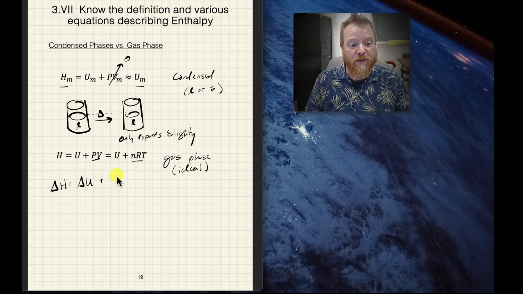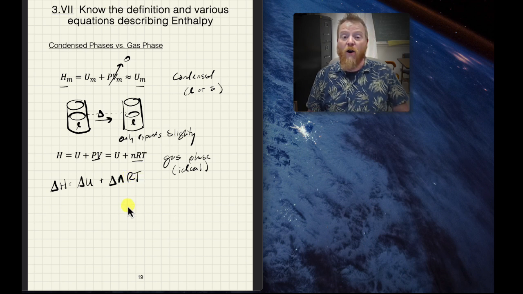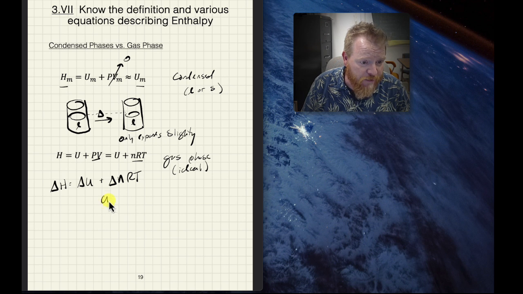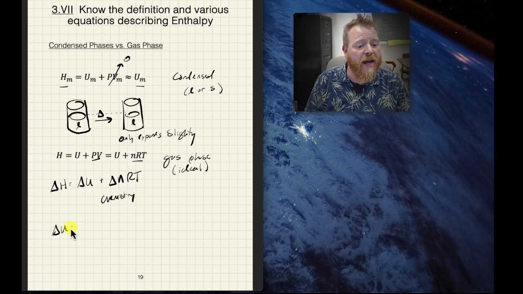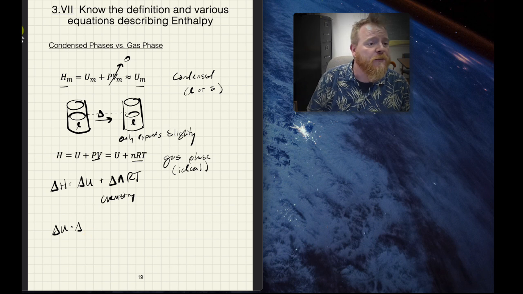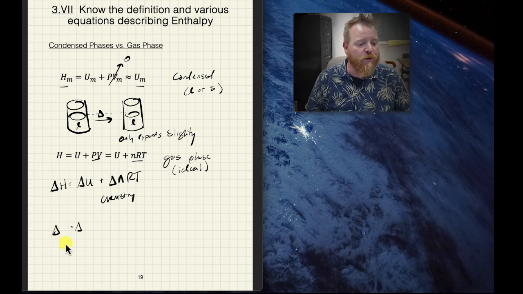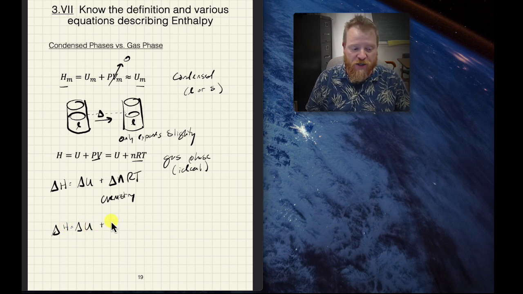So in terms of a chemical reaction, that will really be manifested in delta n RT, okay? So that's for chemistry, some chemical change. Or we can imagine a physical change, perhaps where there is no change in number of moles.